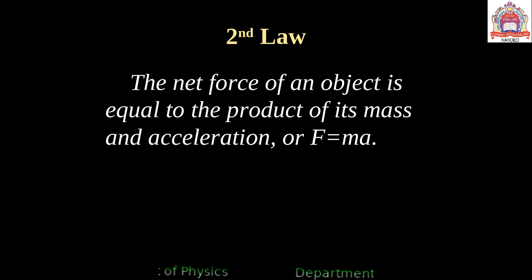The acceleration is always in the same direction as the net force. When the forces are unbalanced, the acceleration is not equal to zero. It depends directly on the net force and depends inversely on the object's mass.